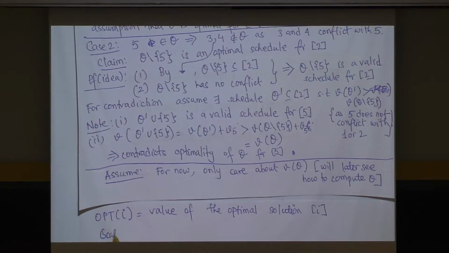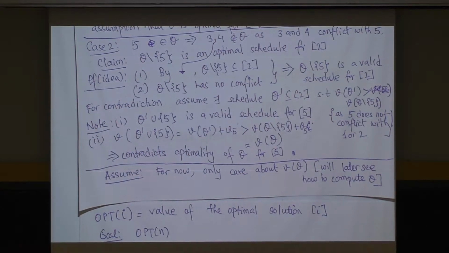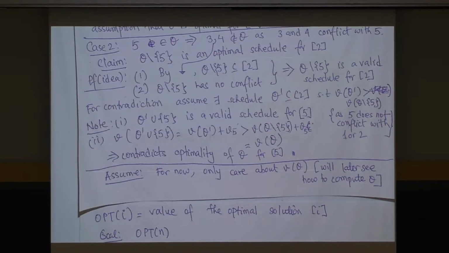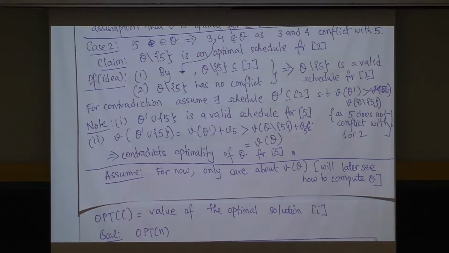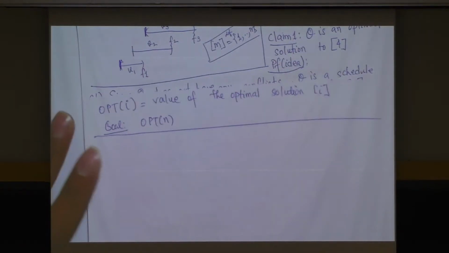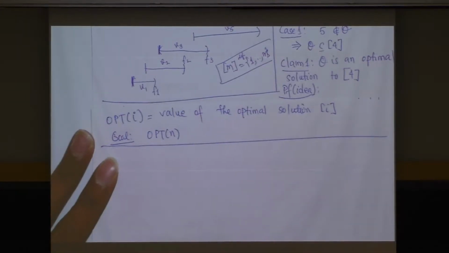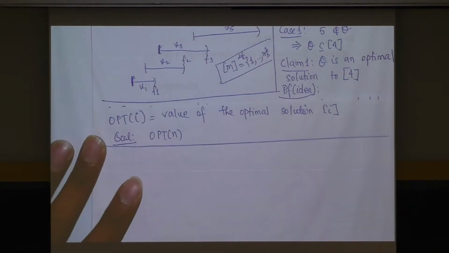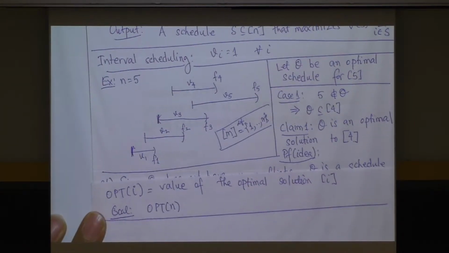So note that our goal is to compute opt of n. We want to know the final optimal value. All right, so let's go back to our example for n equal to 5, so that we can at least see where this is going.